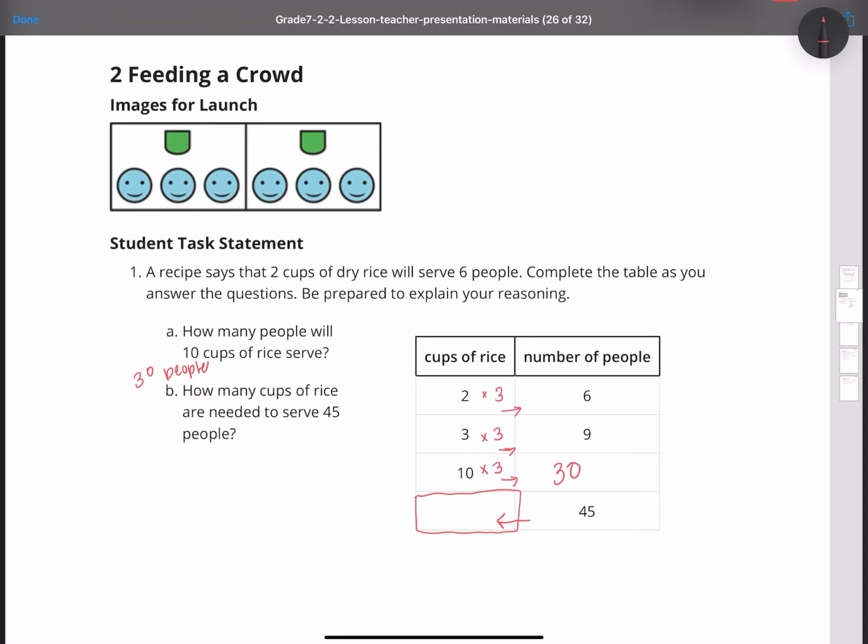If you guess divide by 3, you are absolutely correct. We would have to divide 45 by 3, and 45 divided by 3 would be 15. So how many cups of rice are needed to serve 45 people? You would say 15 cups of rice.